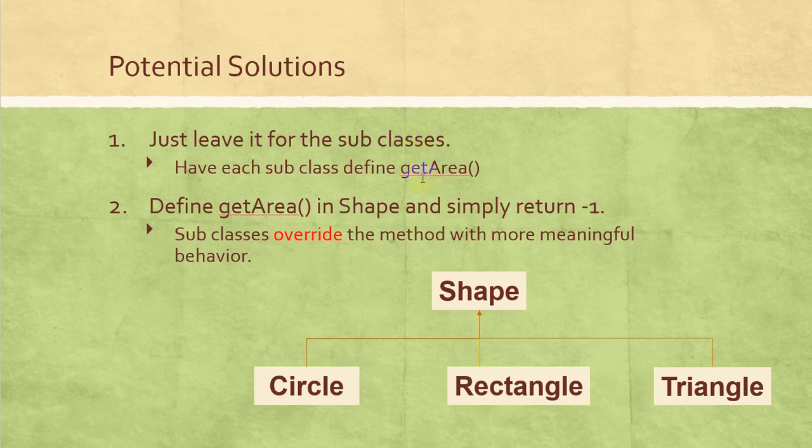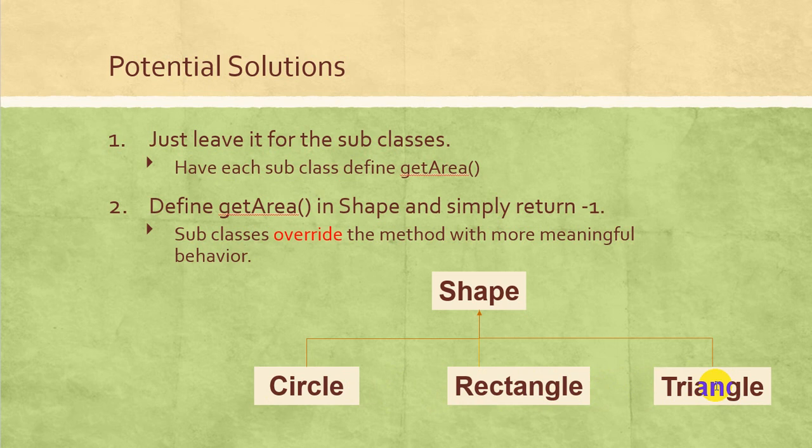If there are shapes like circle, rectangle and triangle, these are the inherited classes. They will be inherited from the shape class, and each subclass, circle, rectangle and triangle, will define their own method and their own functionality as well.